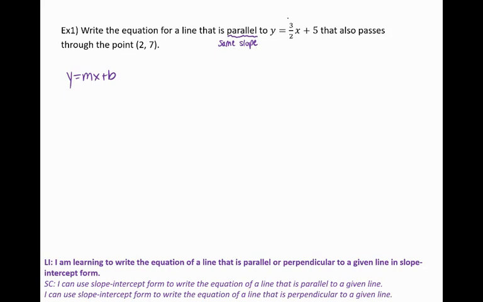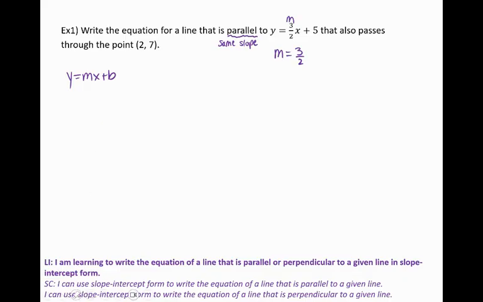So the slope in this equation would be the 3 over 2, that number right in front of the x. I'm going to fill in my equation that I'm building. I know I need the same slope, so I'm going to put in a slope of 3 over 2 right there.